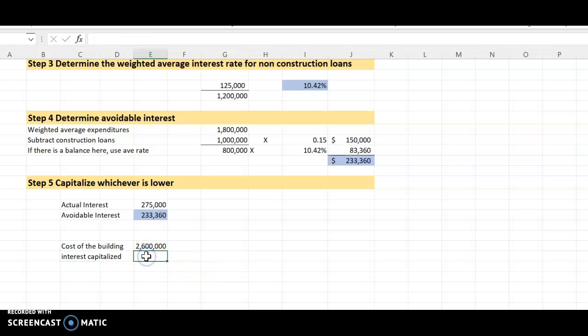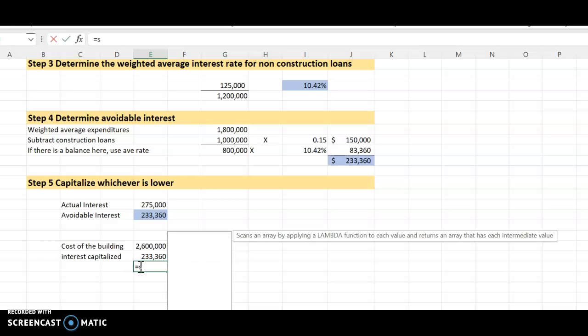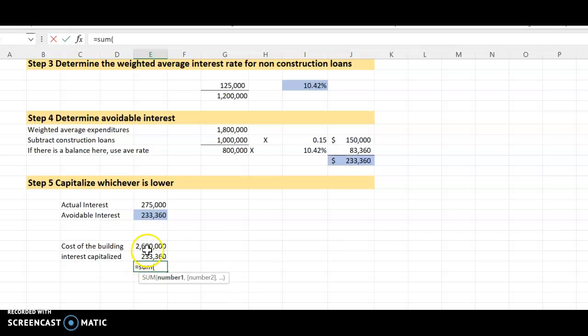That's what we just did, the $233,360. So our total cost for our building will be the sum of these. All right, this is the total cost.